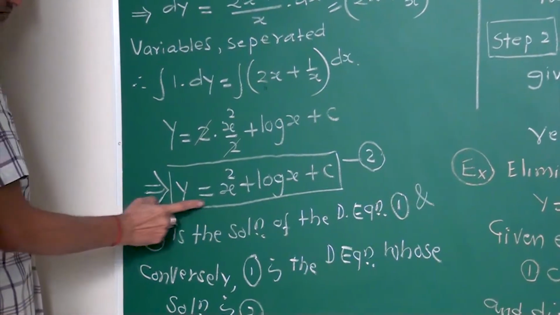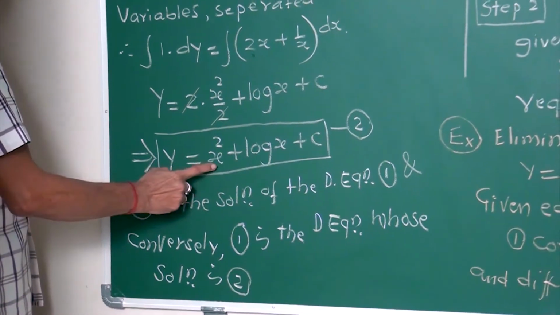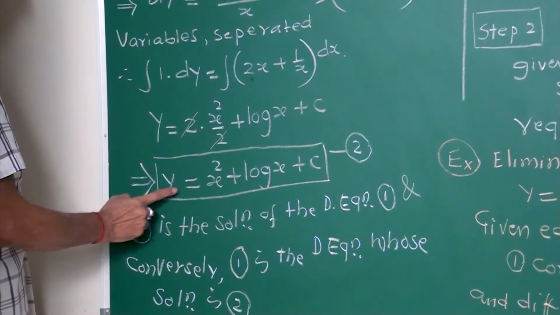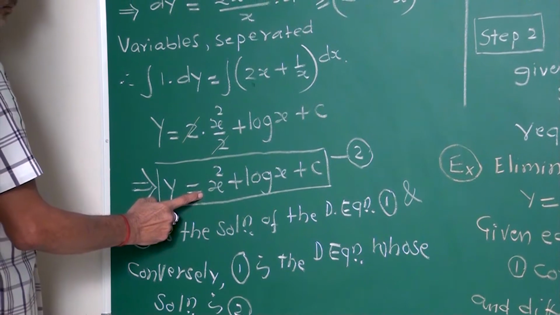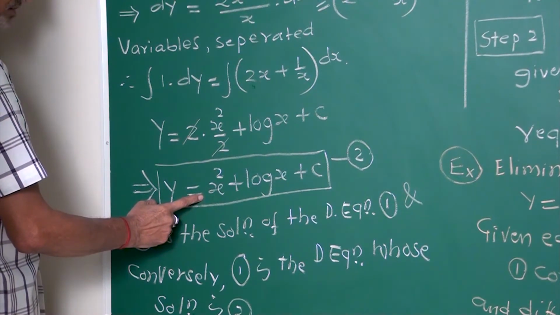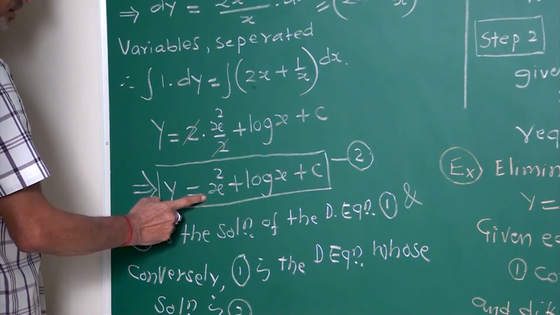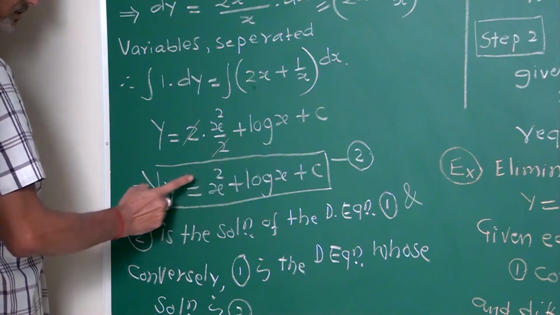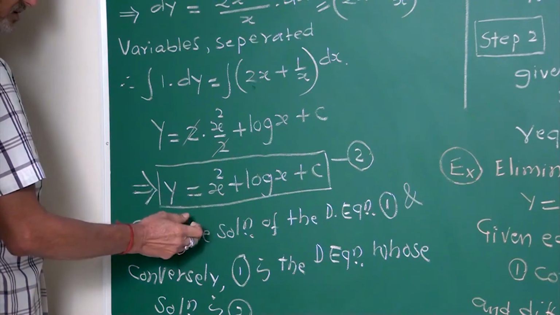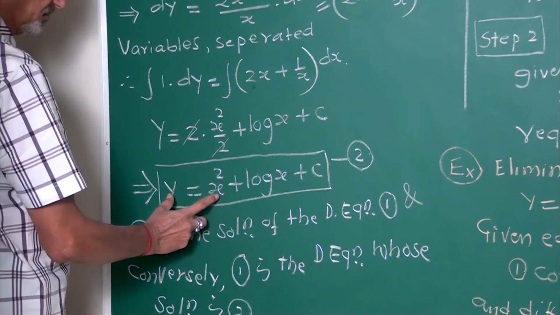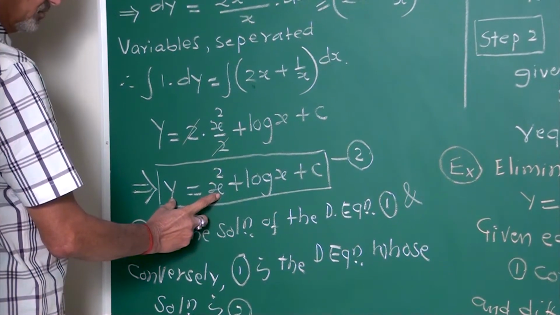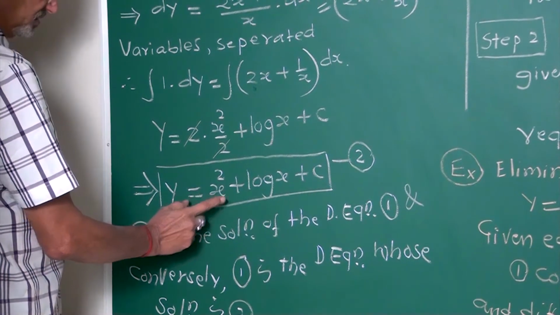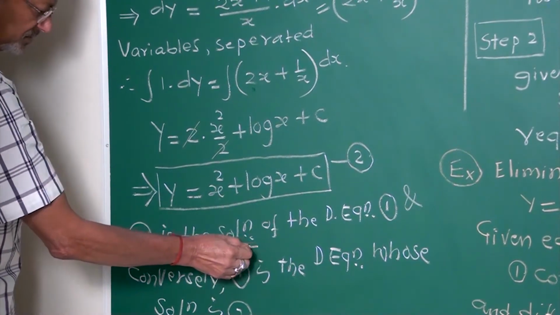See, my friends, what is your observation? It is a relation between x and y, which is free from dy by dx. Such a relation, an equation in terms of x and y, is the solution of the differential equation.